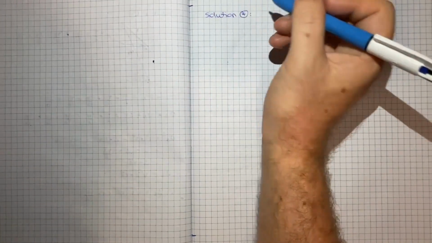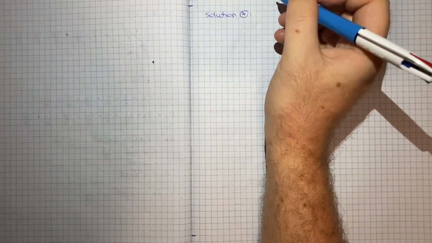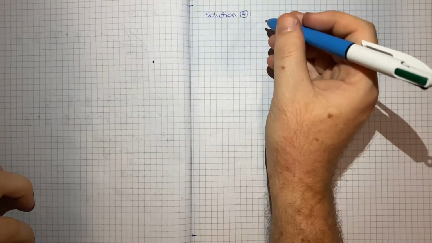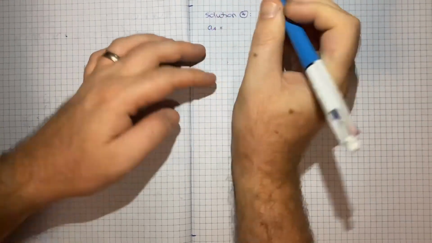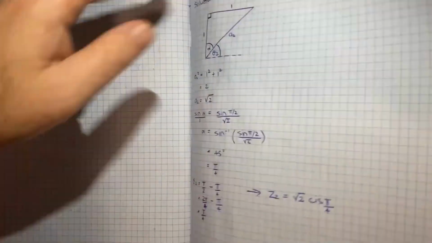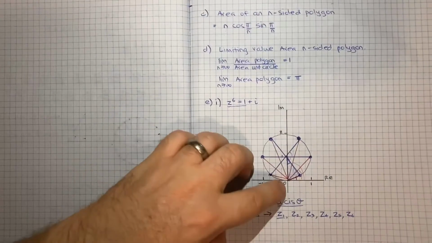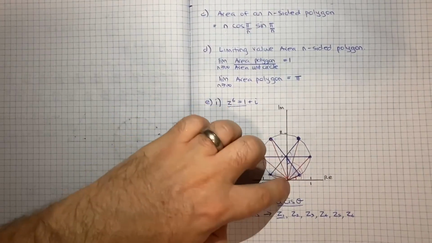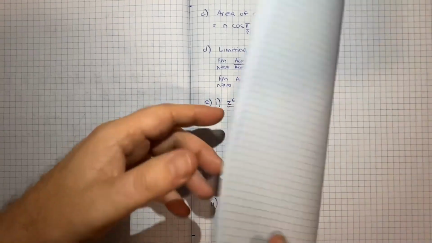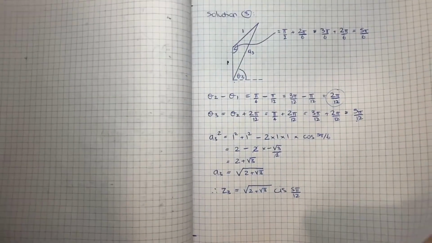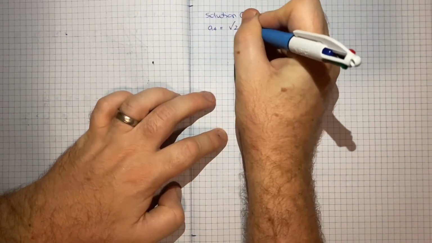And solution 4, we can say, let's start with A. So A4, just to make sure I get this right. A4, the length will be the same as A3. It's the same magnitude, it's just a different direction. So A3 we just worked out, root 2 plus root 3. So root 2 plus root 3.